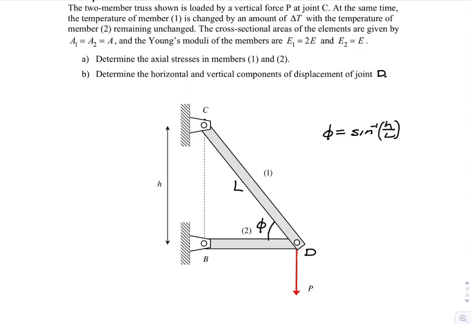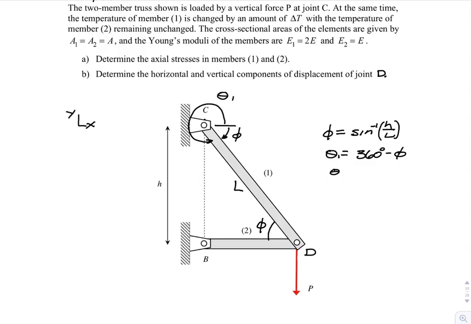We also need to define our member angles according to the conventions we have if we're going to use the elongation displacement equations, and we will. So let me define first x like this and y like that. So x like that, we go counterclockwise at the base. So theta 1, therefore, is equal to 360 subtract away the angle of phi. So phi is the same angle as that.